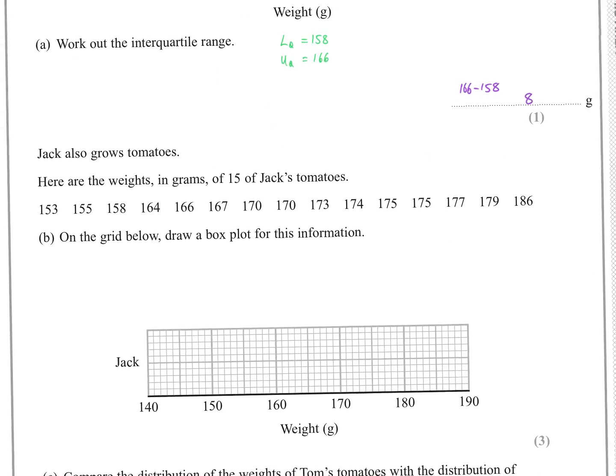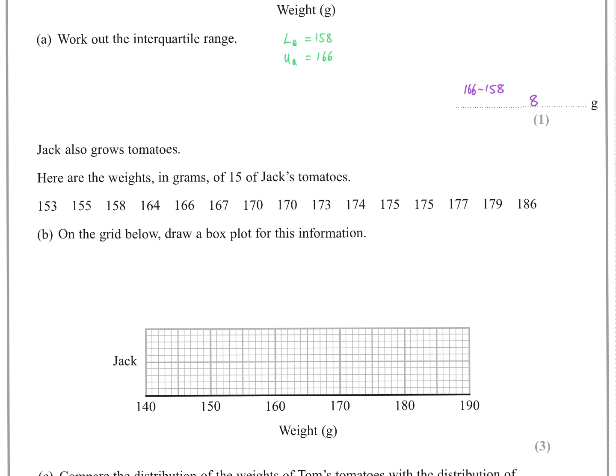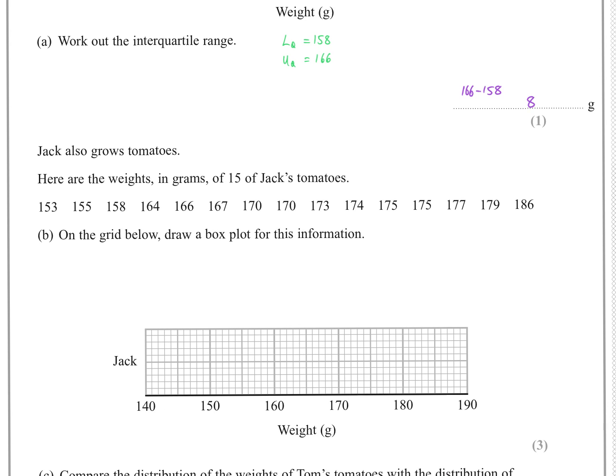Now we've given the weights in grams of 15 of Jack's tomatoes, we've got to, on the grid below, draw a box plot. So we're definitely going to have the lowest value is 153. The highest value is 186. And then, well, how can we find the median?